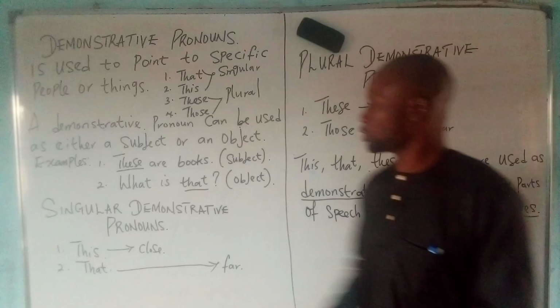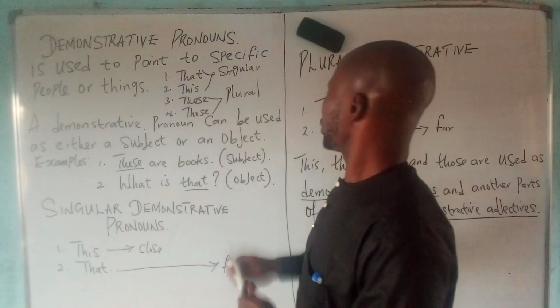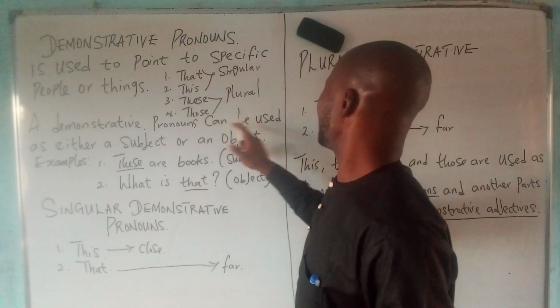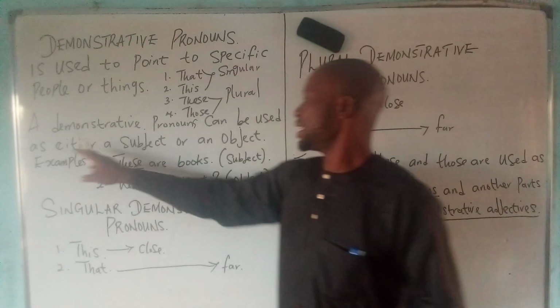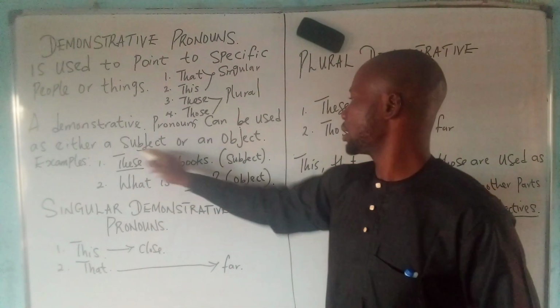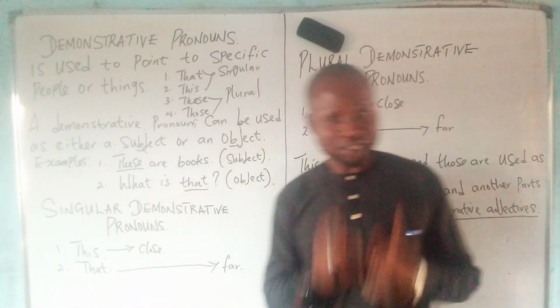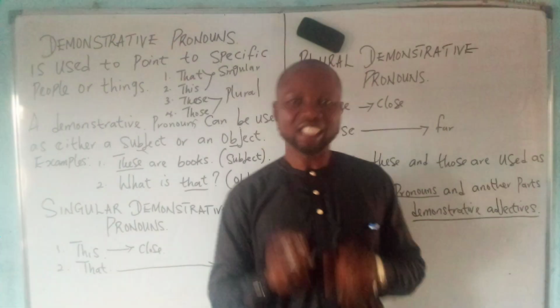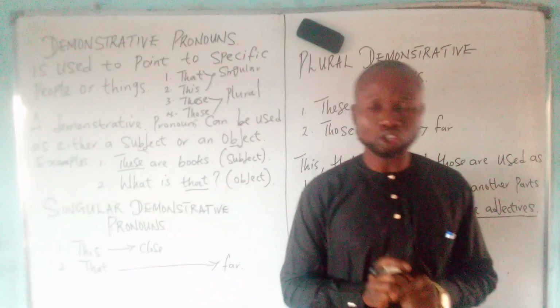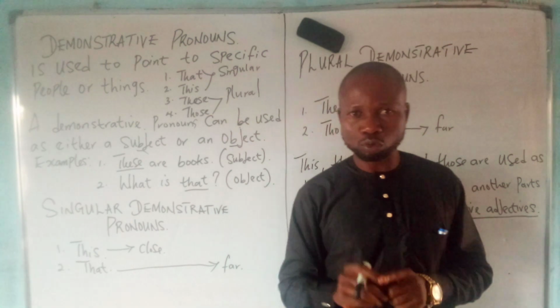Now let's quickly go there. Demonstrative pronouns can be used as either a subject or an object. Let me explain these two concepts. A subject is a doer of an action in a sentence. That means a subject transfers action to what?